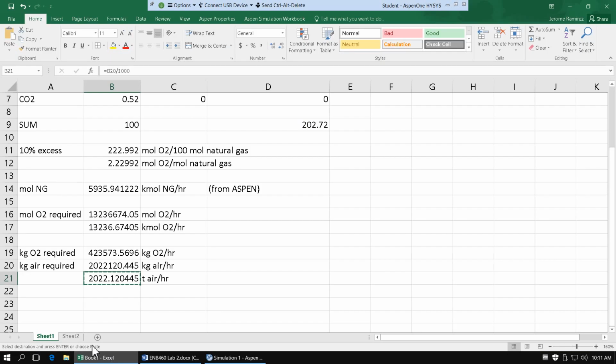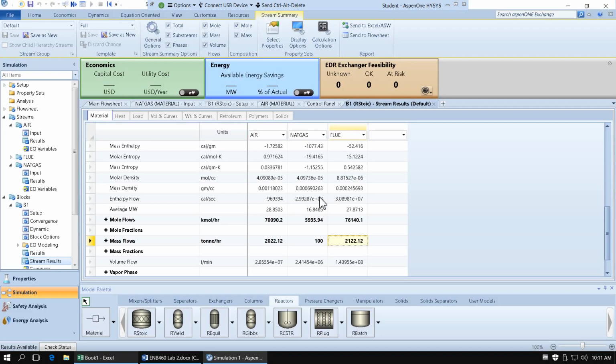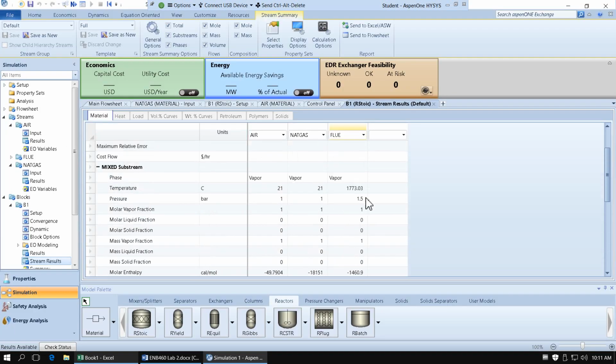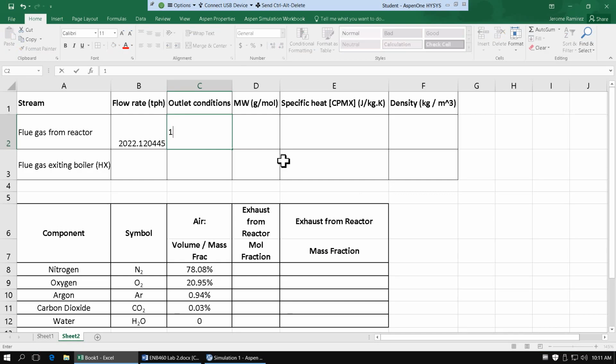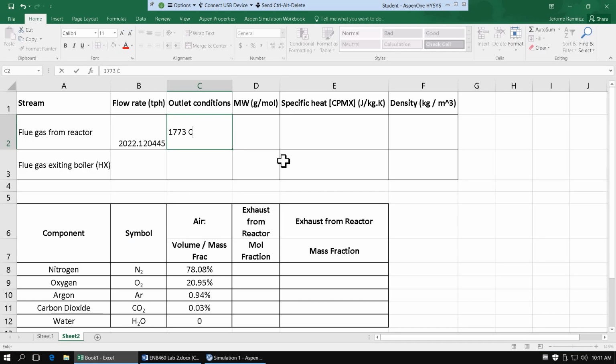So we can copy that to the table directly. Yep. Output conditions, we'll just look at temperature and pressure. So 1773 degrees Celsius and 1.5 bar.